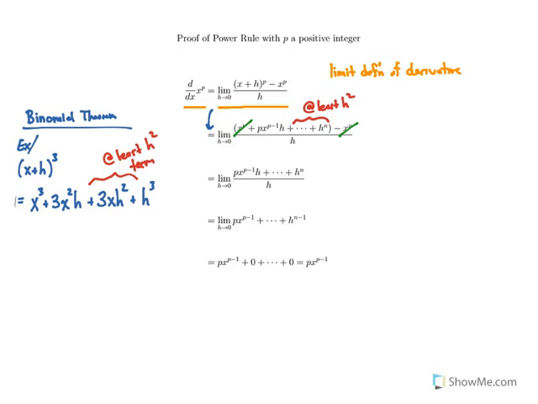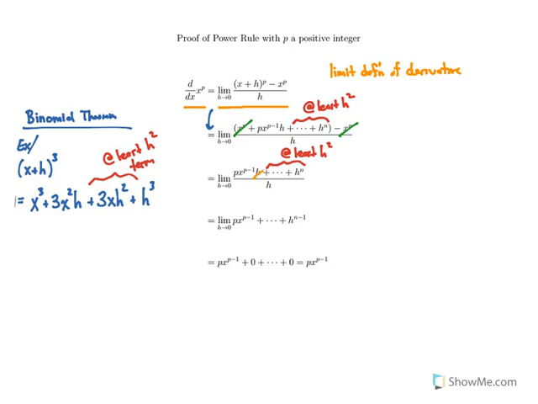We should get rid of all the h's in our limit, or everything without an h should go away in our limit. What we're left with is a bunch of stuff with h, noting that everything past this first term has at least h squared.